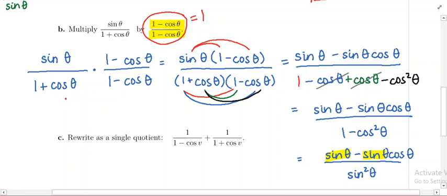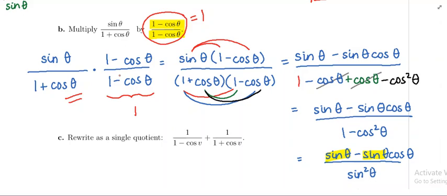So again, we took this original expression and multiplied it by 1. This piece is equivalent to 1. It does not change the original expression. This allows us to convert the original expression into something that looks different but is equivalent.